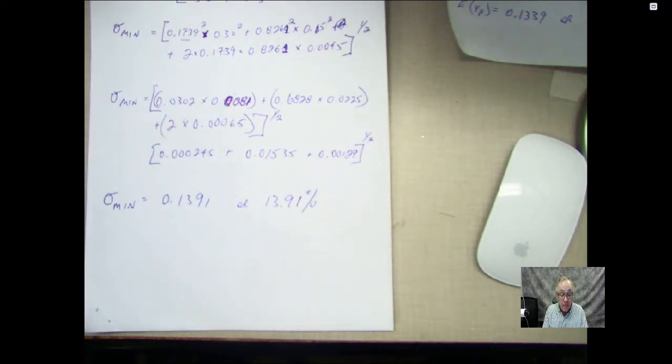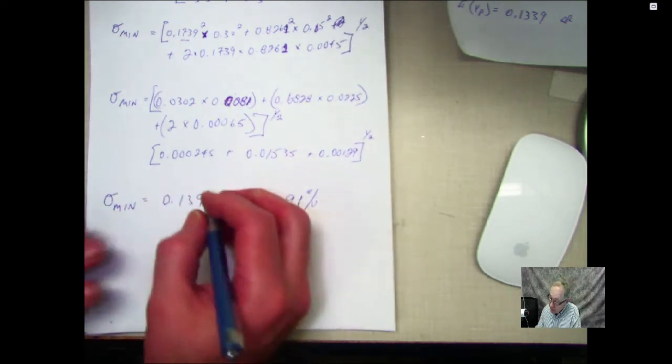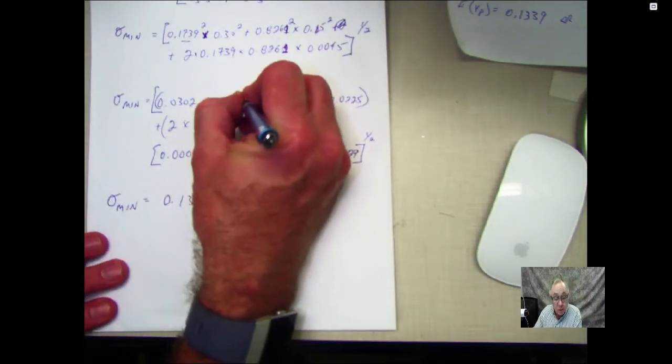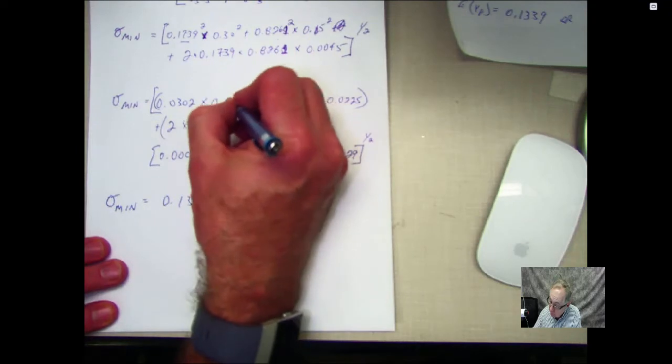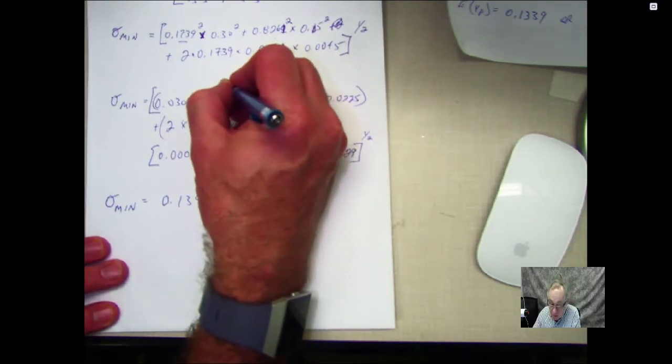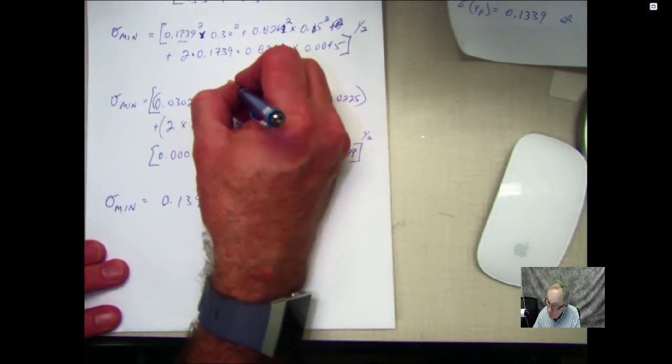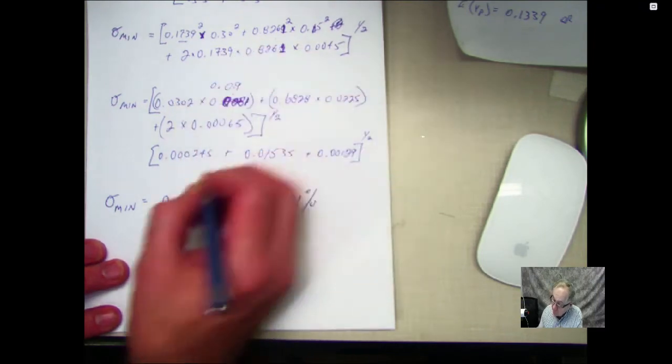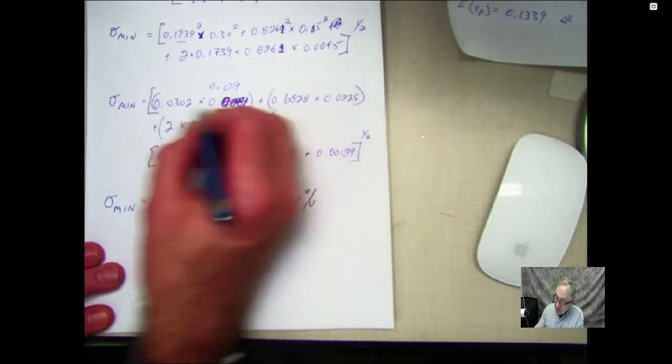That's a problem. This is not 0.0081, it's 0.009. Sorry for that, but continuing on.